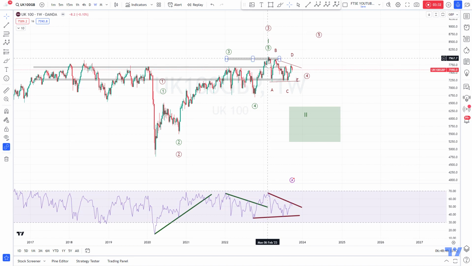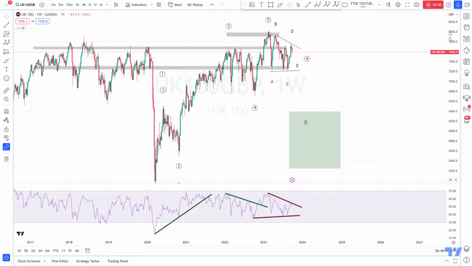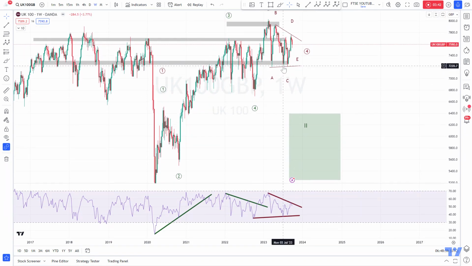which would look like an A, B, then the wave C is located here and not here. We took out this low here. So this is just the 3 waves of the wave C, 1, 2, 3. Then up as a wave D, 1, 2, 3.